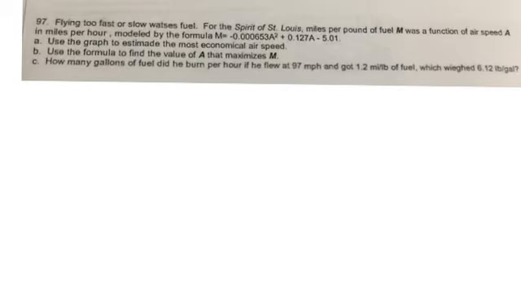Use the graph to estimate the most economical airspeed. So what X value do I get the best miles per gallon? Well, that's going to be when it reaches its maximum value. So this graph reaches its maximum. So you see I'm zooming in here.